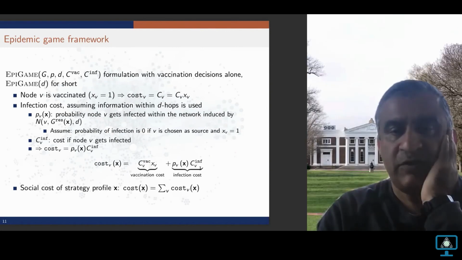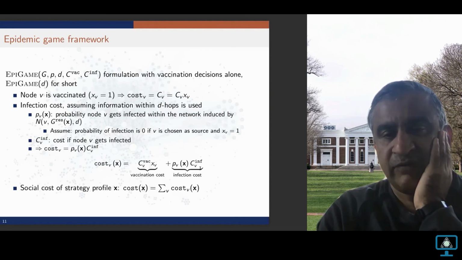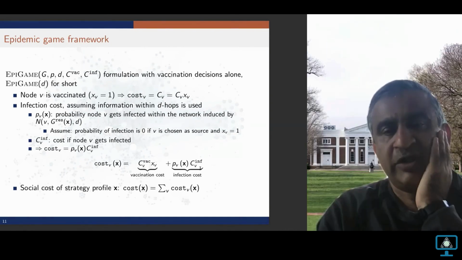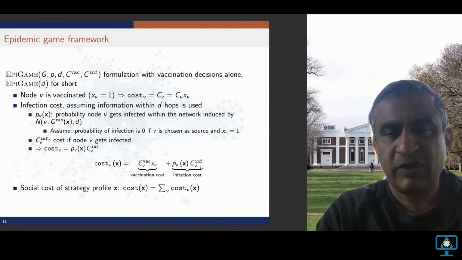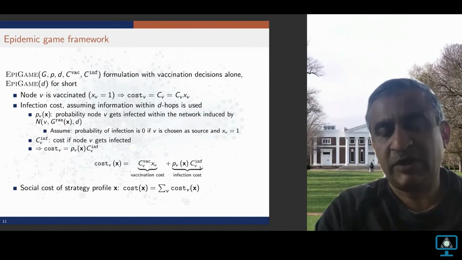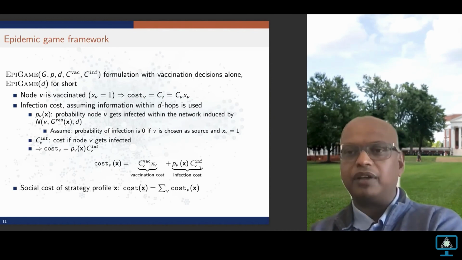Anil, one clarifying question. Assuming a person doesn't get vaccinated and they get infected, you assume that they're not taken out, right? They'll continue to propagate the infection. So in this case, I'm assuming that the vaccine is also preventing transmission. Right, but not in the case of no vaccine. So let's say a node V got infected without the vaccine. They will continue to be a part of the residual graph and be a transmitter as well. Right. In the SI model, it will keep continuing to infect.